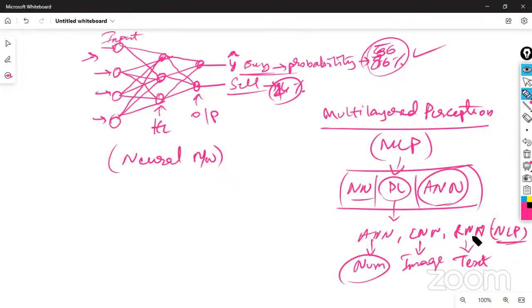RNN means recurrent neural network. CNN means convolution neural network. ANN means artificial neural network. So different data, different networks. All this is under deep learning.